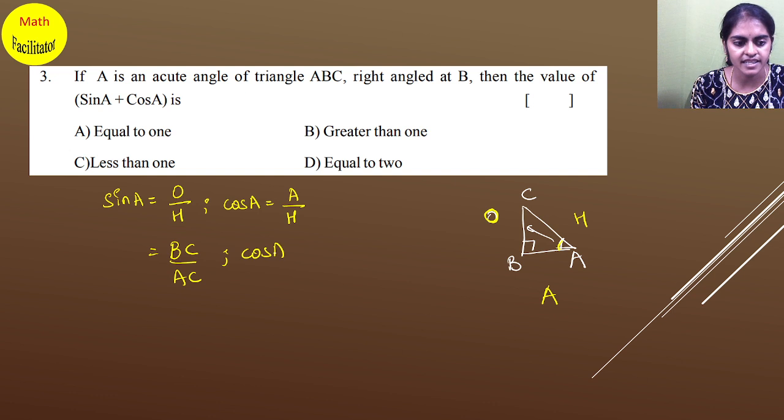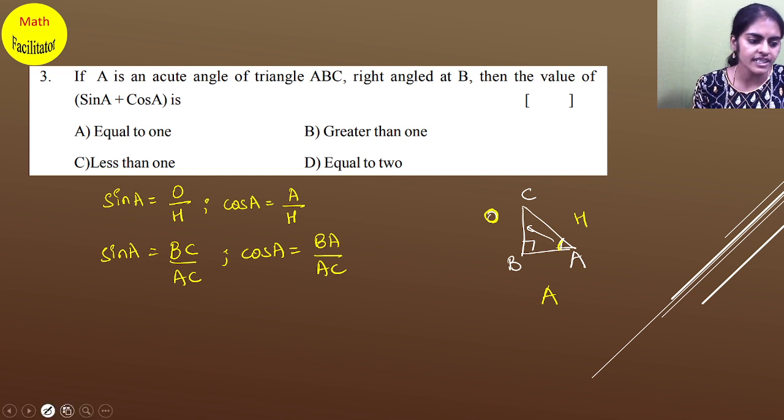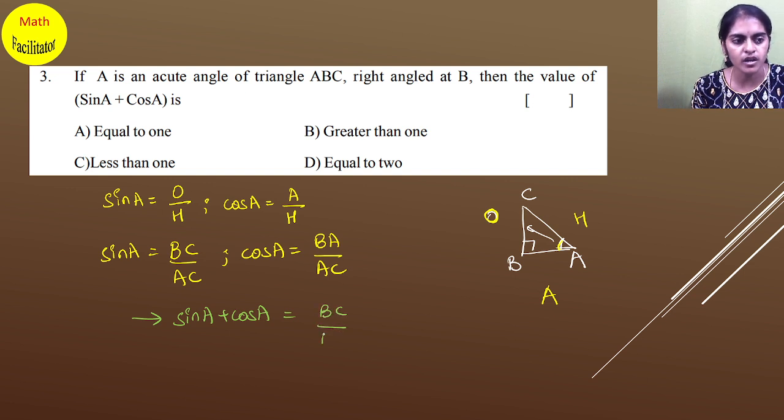Now cos A is adjacent side BA divided by hypotenuse AC. Now what are they asking? They are asking to find the value of sin A plus cos A. So sin A is BC upon AC, cos A is BA upon AC. So I can write this as BC plus BA upon AC.